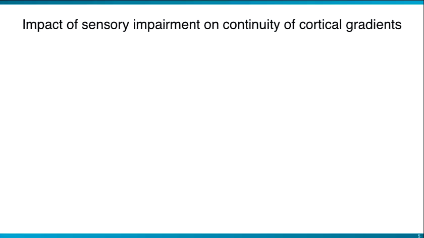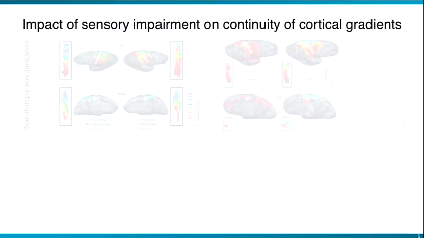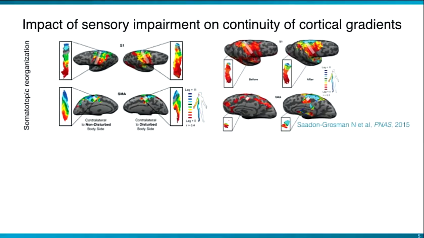And just to give another sense of why this might be valuable, a couple of examples of findings that I think are exciting for further work in characterizing how topographic maps relate to sensory impairment. This is a beautiful study by Sato and Grossman and colleagues that was published a couple of years ago, looking at somatotopic reorganization following surgical intervention in spinal cord damage.